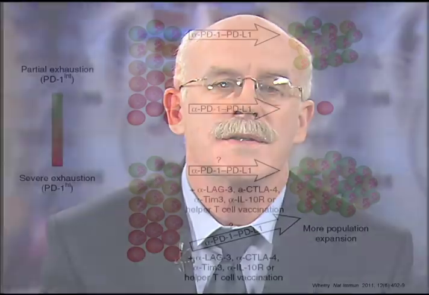In other words, cells that are marching down this pathway of exhaustion but haven't really hit the bottom can be rescued with just the anti-PD-1 antibody. And in animal models, they're now showing that this can help with chronic infections, such as immunodeficiency virus.